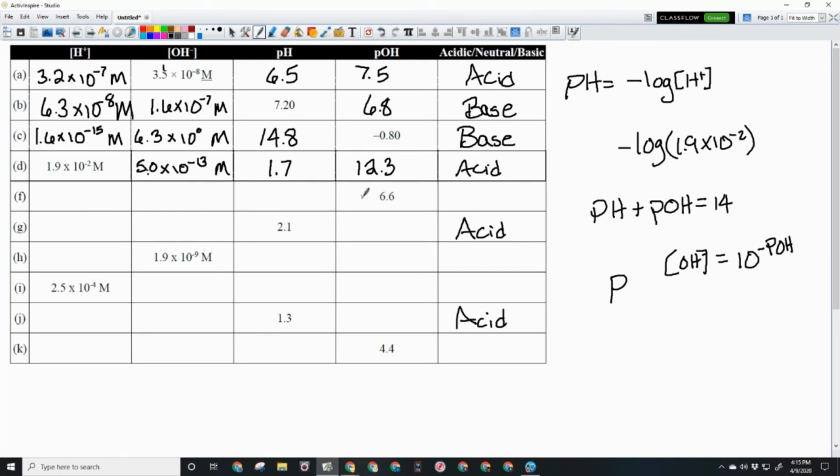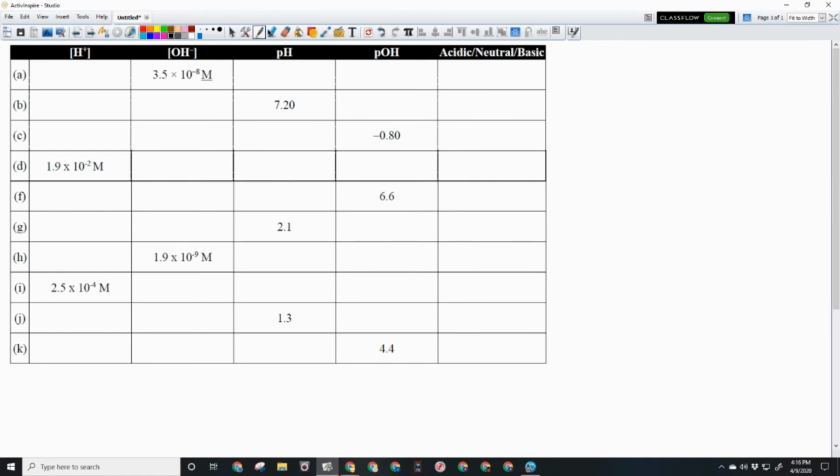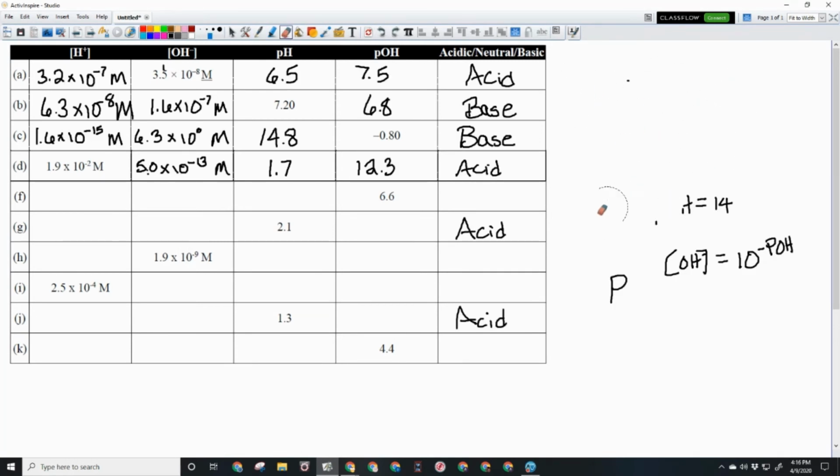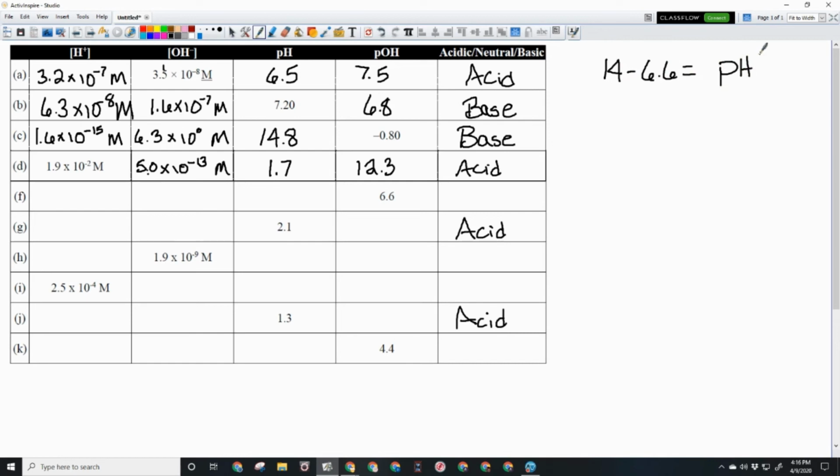Okay, on this next one, 6.6 is what we're given for the pOH. So I need to look at my formulas. pH plus pOH is equal to 14. I have the pOH, so 14 minus 6.6 is going to be equal to the pH.